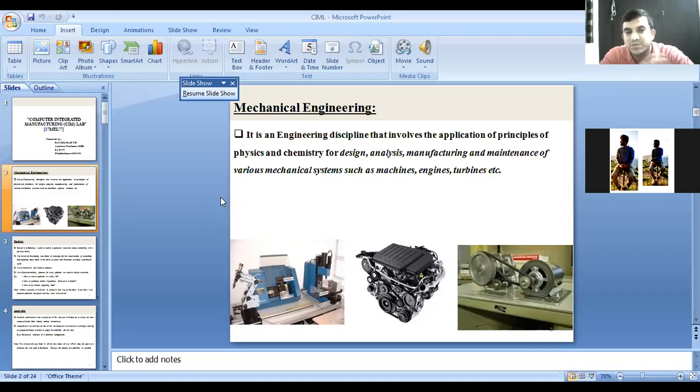In those mechanical systems, the first thing mechanical engineers do is design them. Design is an art of creating ideas or concepts, expressing those ideas and concepts in the form of plans and drawings to fulfill societal needs.